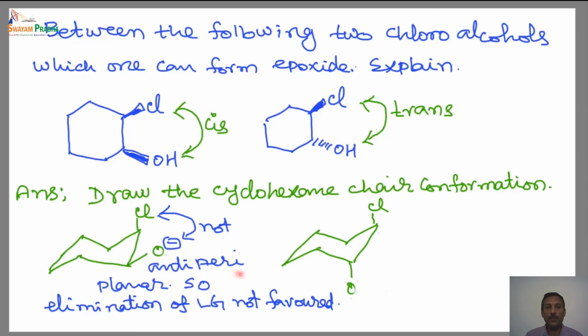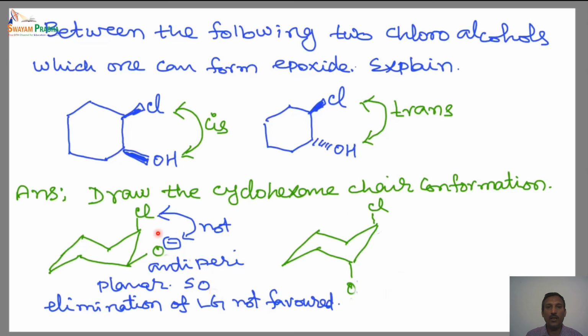So in the first step, the proton of the hydroxyl is removed under basic conditions, and an oxide anion is formed. This oxide anion goes and attacks this carbon and the chlorine is removed.